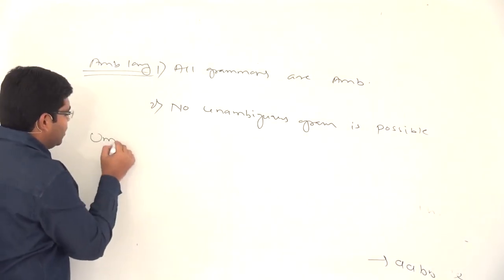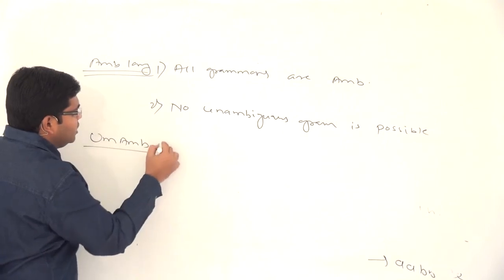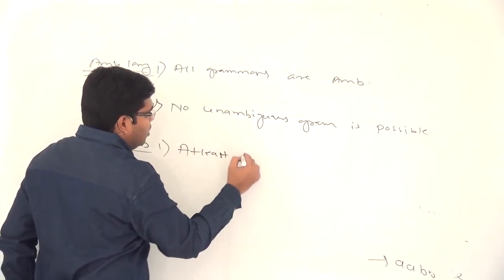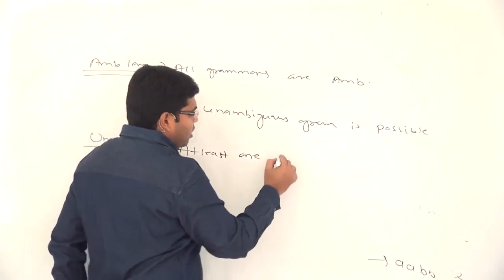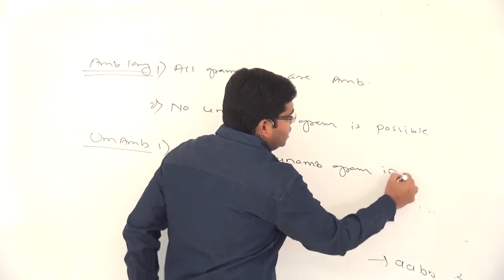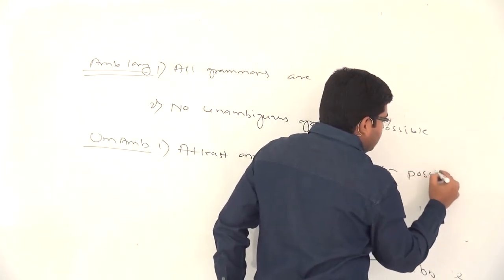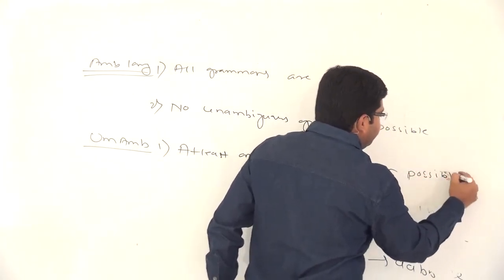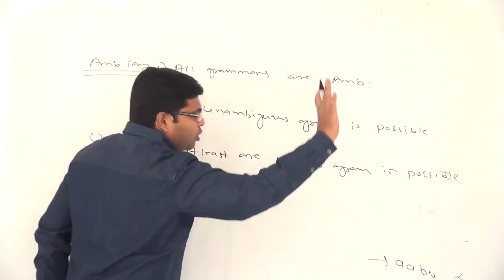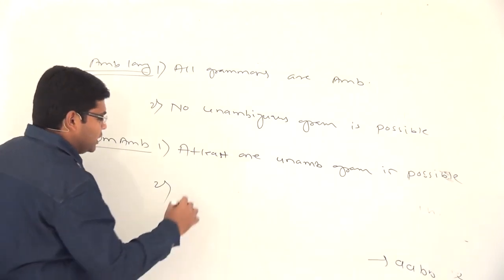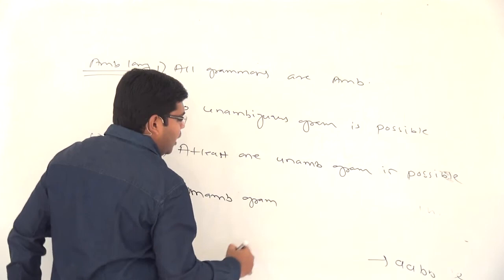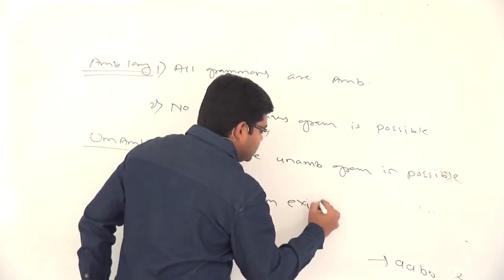And an unambiguous language means at least one unambiguous grammar is possible. Or you can simply say, at least one is possible means existence, so you can say an unambiguous grammar exists.